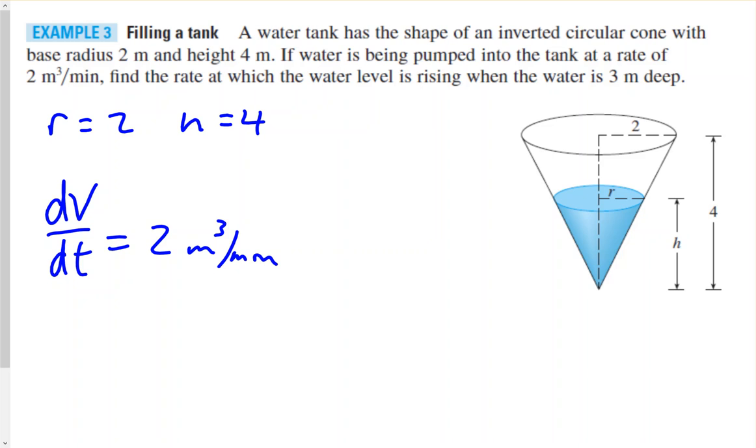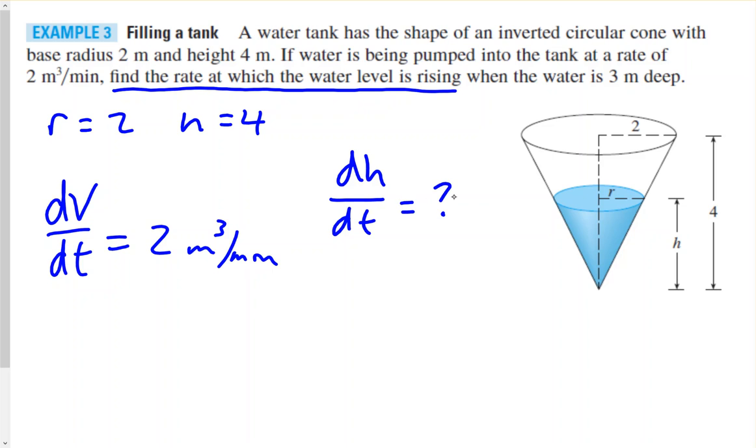Find the rate at which the water level is rising. So that's going to be dh/dt. That's what we're looking for. When the water is 3 meters deep. So when h equals 3.